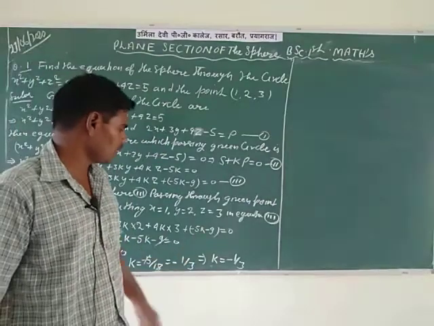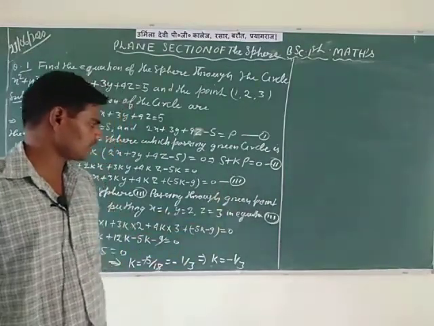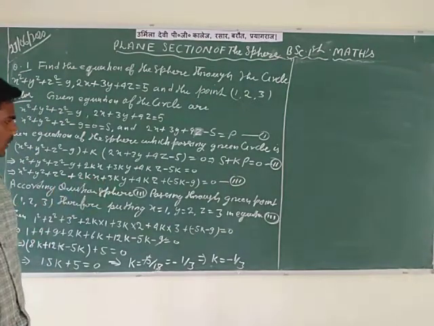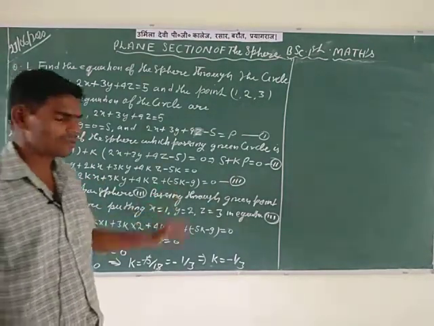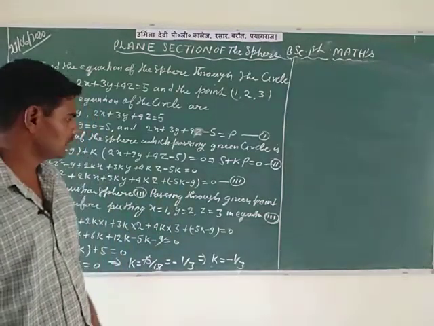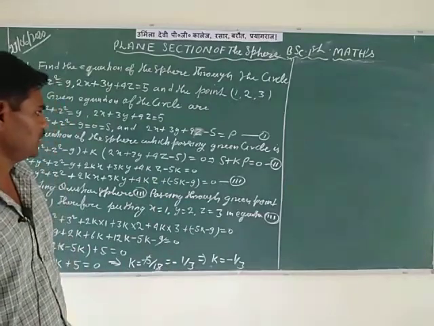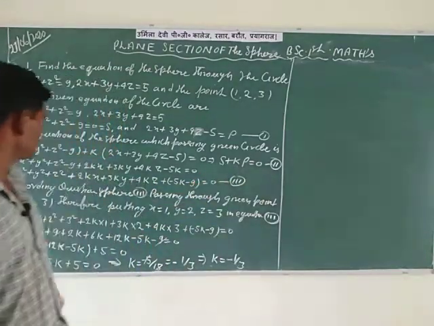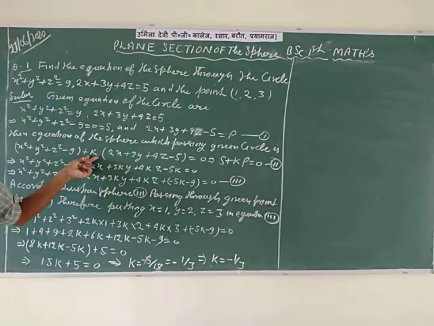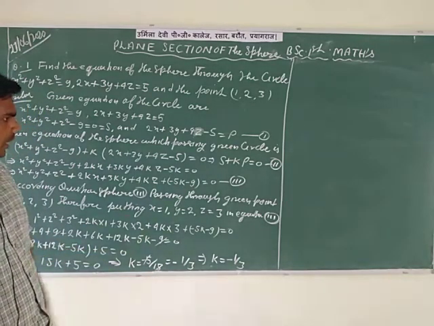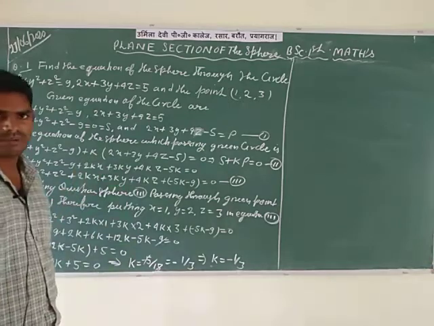After this, putting the value of k in equation third. Here are two important points. If we put the value of k in equation second, meaning S plus kP, then the calculation will be very simple.